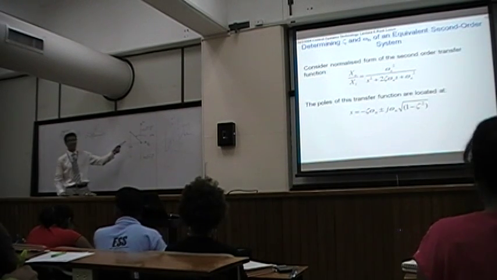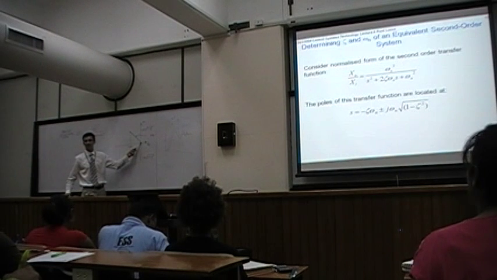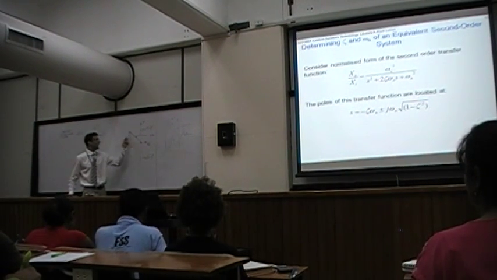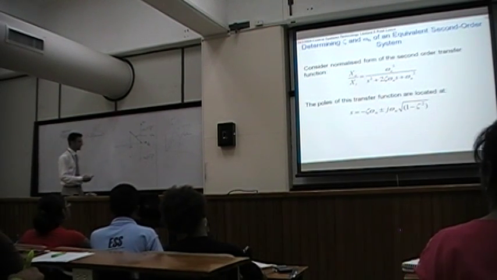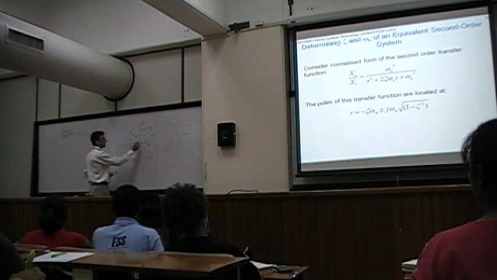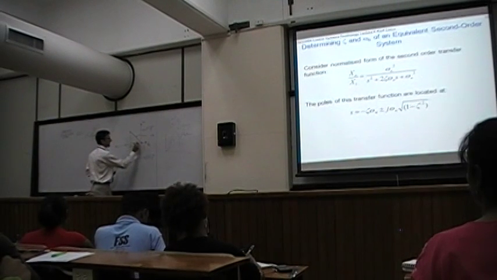Alright, so we found that the value of omega n is given by the distance between the origin and this pole here. Now we can use that. If we were to plot a root locus, so we had some kind of locus, let's do our 3 poles again. This is a simple example.